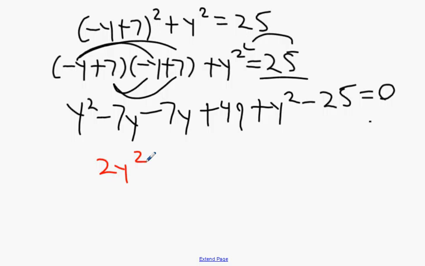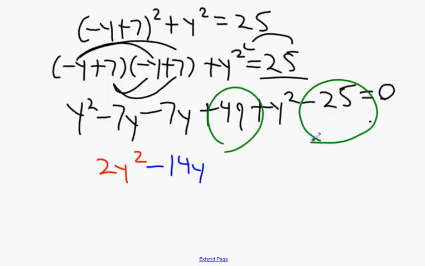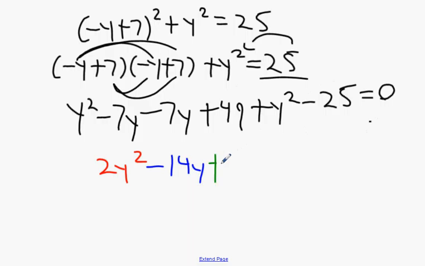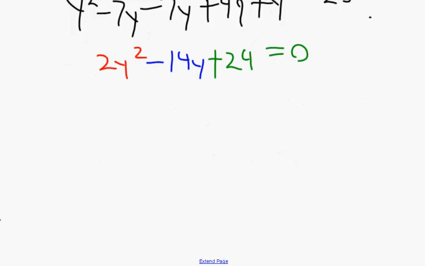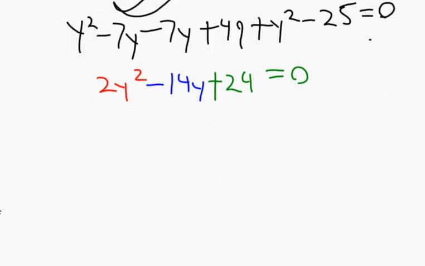2y squared. How many y's do I have? Yeah, you're right. Plus 24, yep, sorry about that. Any number that will divide into all three? Sorry? 2. Y squared minus 7y plus 12.